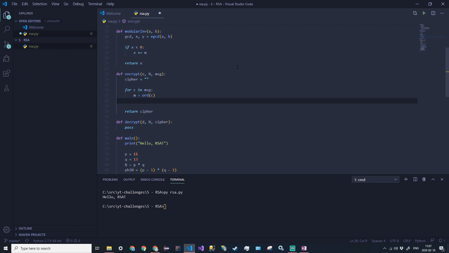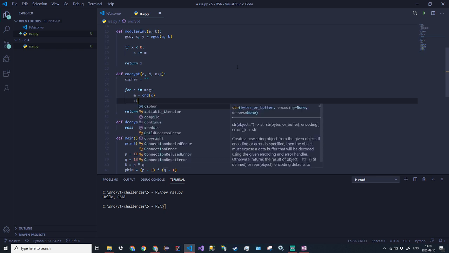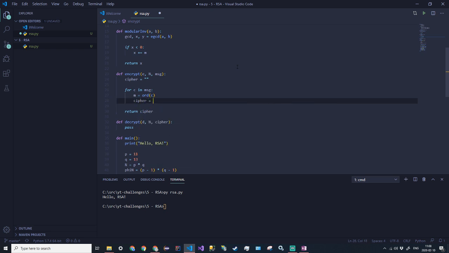And then next we're going to want to actually raise that to the power. So thankfully Python has a fast modular power or modular exponentiation function. So we don't have to write it ourselves, but in other languages we would. So all we're going to do is just say cipher is equal to a string.